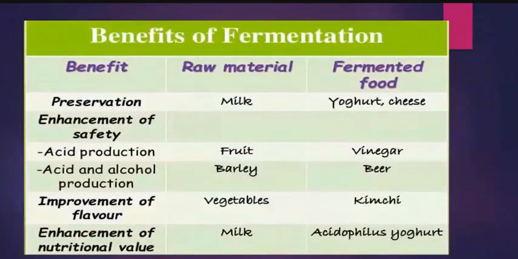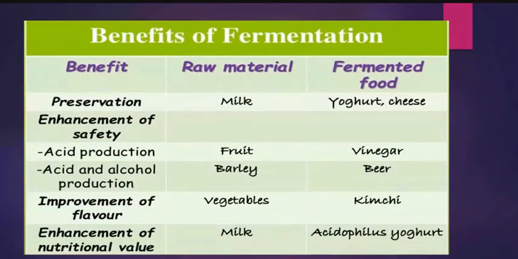So, what are the basic fermentation methods? For the raw material milk, it will be fermented and converted into yogurt or cheese. For fruits, we get vinegar. For barley, on fermenting, we will get beer.